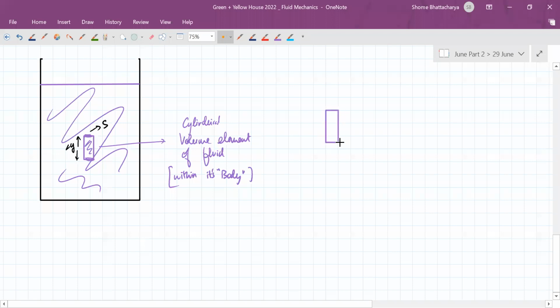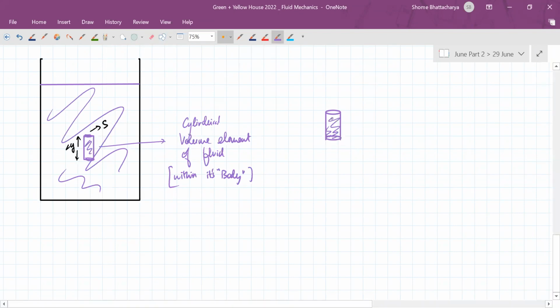Now let's understand the free body diagram of this volume element separately. In the free body diagram, let us consider only the vertical forces acting on it to understand its vertical equilibrium. Within that volume of liquid, this cylinder of liquid, this volume element is at rest. So what is keeping it at rest? A combination of forces. It has its own weight. So why is it not plunging to the bottom and accelerating with g?